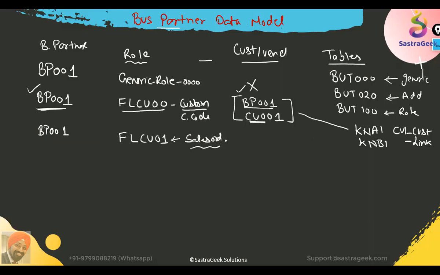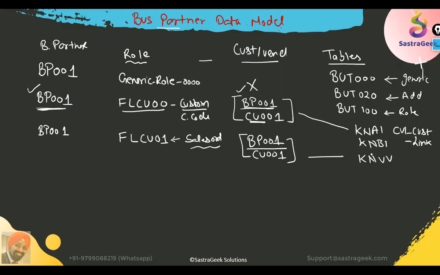As soon as you extend to a customer sales organization, your BP001 or CU001 would be created. Not two customer codes, either this or this is still there. What change will happen? I think KNVV is the table; the KNVV table will get updated, and other tables related to your partner roles will also get updated.